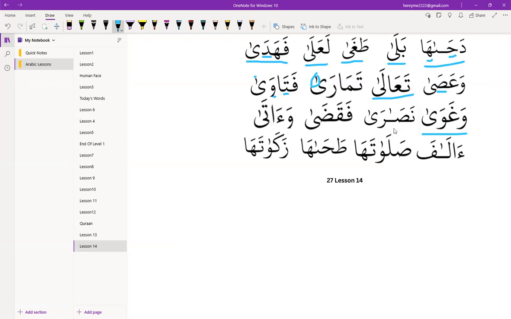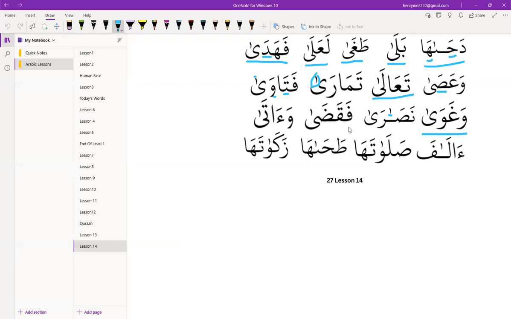Nasara. This one has two of them. First is the fatha on top of the sa, also the fatha on top of the ra. The first one, because we have a short alif here, will become sa. And the ra, we have a short alif on top of the ya here, it will be ra. So it will be nasara.